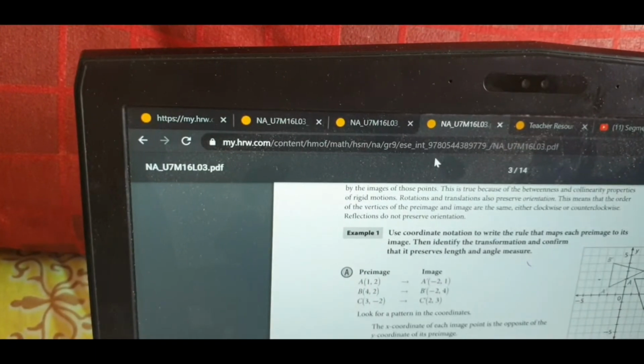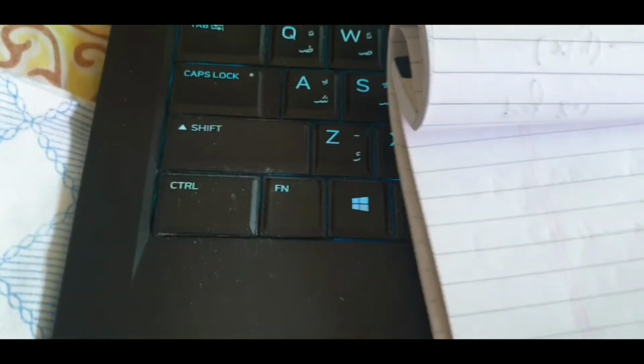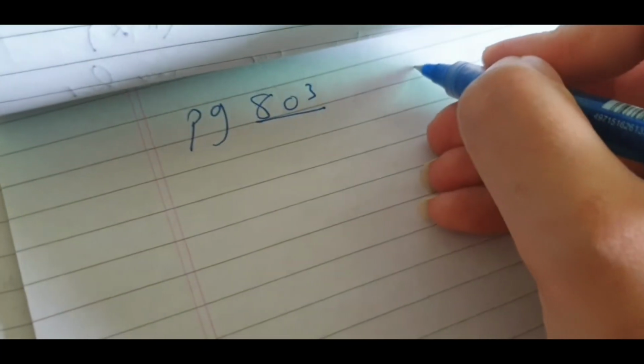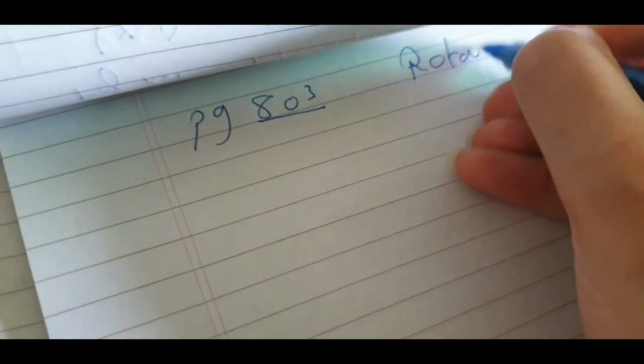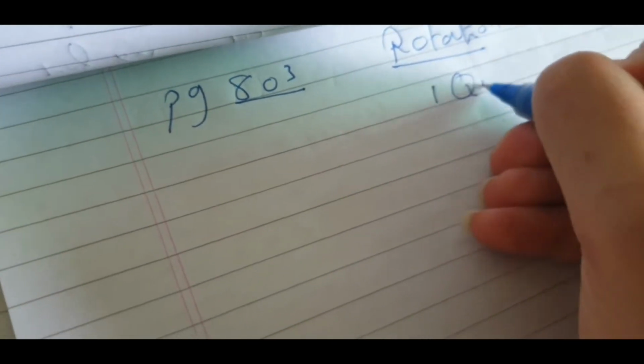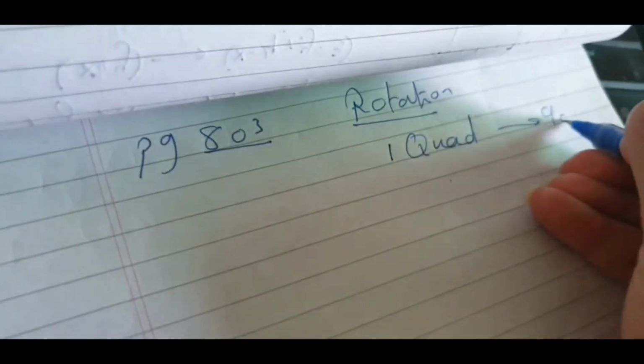But we can write this as a note also. We can write this here as a note. This is page what, by the way? This is page 803. So page 803. The first note we are going to write is for the rotation: movement of one quad, so this is 90 degrees.